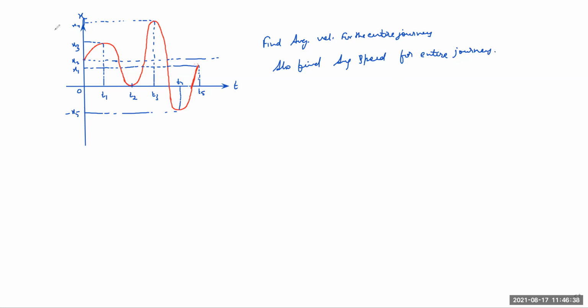Here, entire journey means till what I have shown in the graph, up to t5. So from time t equals 0 to t5 is the interval, and for this interval you are supposed to find the average velocity and average speed. Tell me the answer.